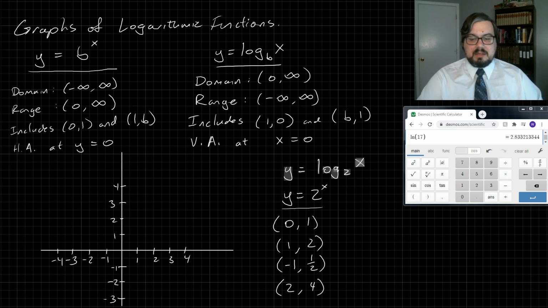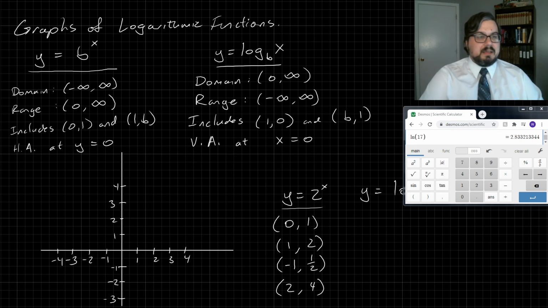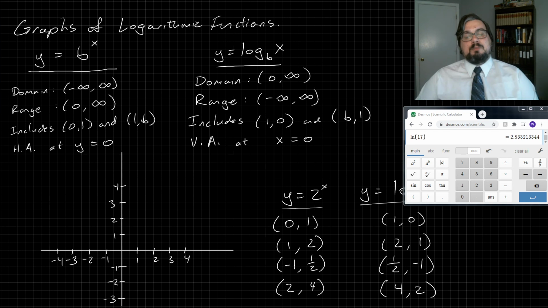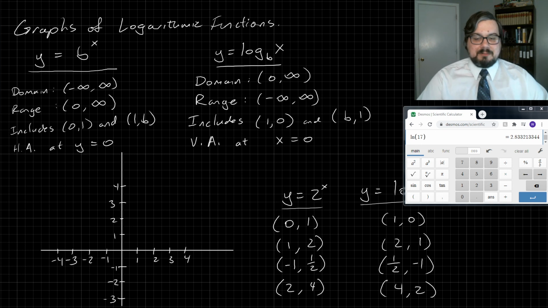So let me take these points here and ask, what does that mean for the logarithm? That means that the logarithm includes the points (1, 0) and (2, 1), as we mentioned before, but it also includes the point (1/2, -1) and the point (4, 2). All the points on the graph of the logarithm are simply the reverse of points on the exponential. So I'm going to graph both of these: the exponential in blue and the logarithm in red.